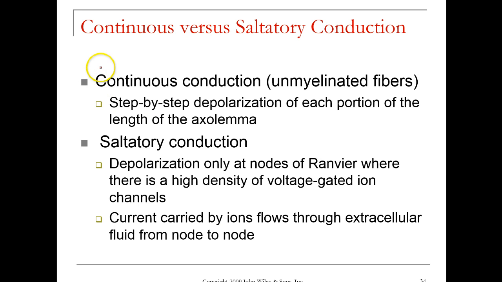So in continuous conduction, we have our axon, a nice long axon, and we have some voltage gated channels here and they cause an action potential, and that will cause a change in voltage, and the area right next to them will detect that change in voltage, and they'll have an action potential, and the area right next to them will detect the change in voltage, and it will have an action potential, and it just goes all the way down, step by step, all the way down the axon.